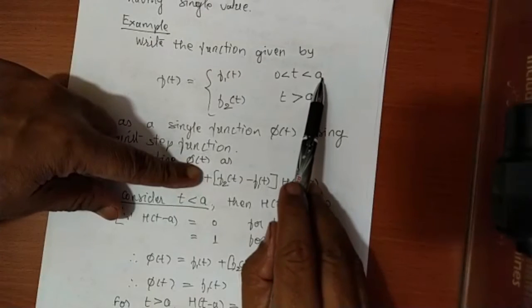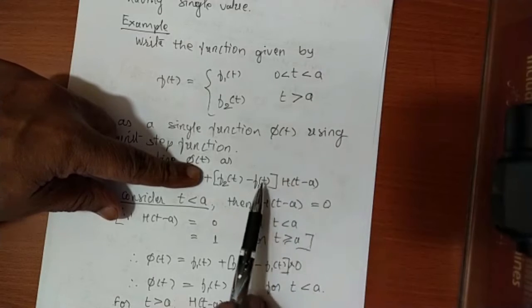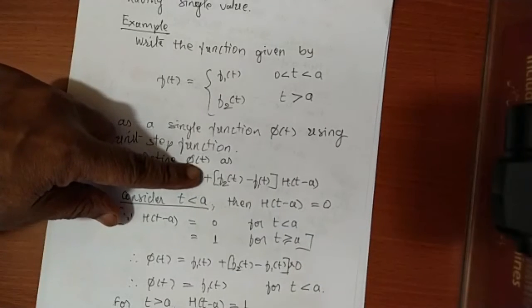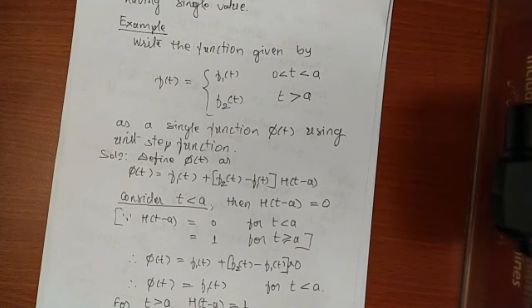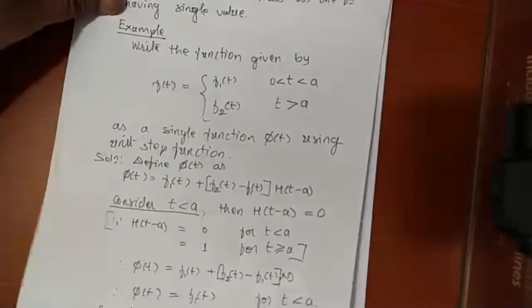Whatever is the limiting value here, whatever is the jumping value, so t minus a, I should write h of t minus a. So this is the case of a function having two different values at two different intervals. I'll consider now the function having three values. Most of the times in the final exam, they have asked questions like that only.